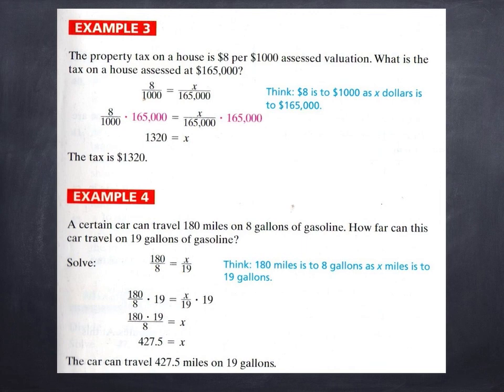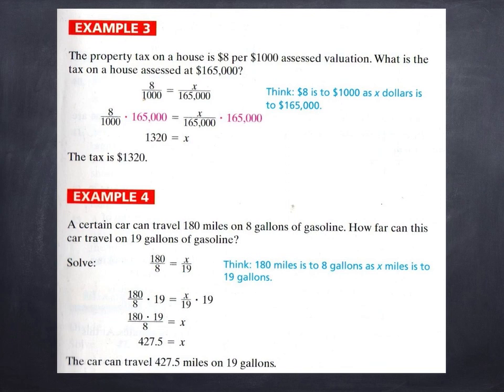Okay, now these are samples of word problems. Property tax on the house is $8 per $1,000 assessed valuation. That's how they do property taxes: they charge you a certain amount per square footage or a certain amount per what they call assessed value. So what's the tax on the house which is assessed at $165,000?